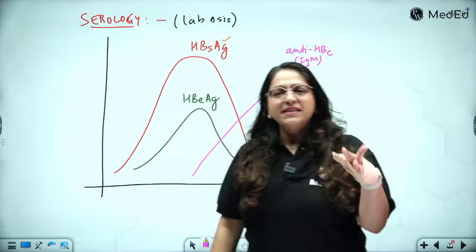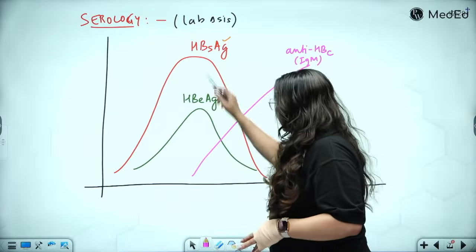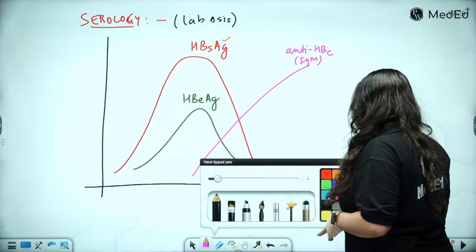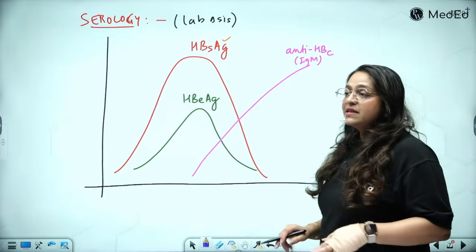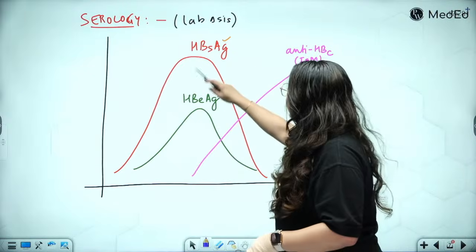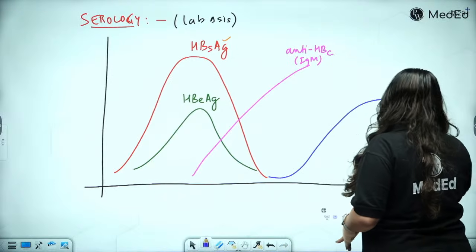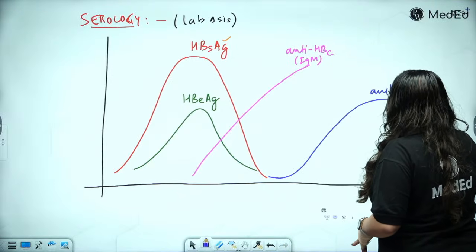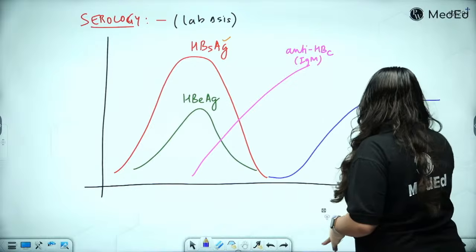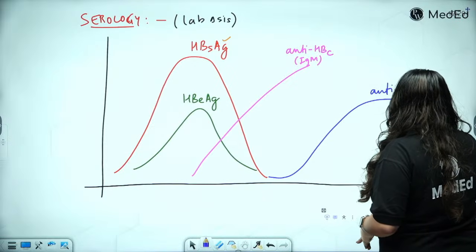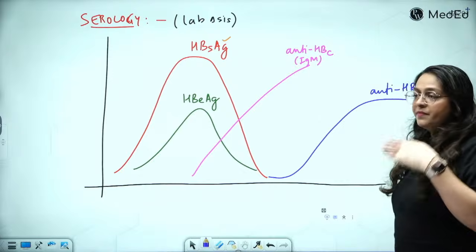Okay. By this time, it is time for the anti-hepatitis B surface antibodies to also rise. Please remember that only when the antigen falls does the antibody for it rise. So here is the anti-hepatitis B surface antibody, right?